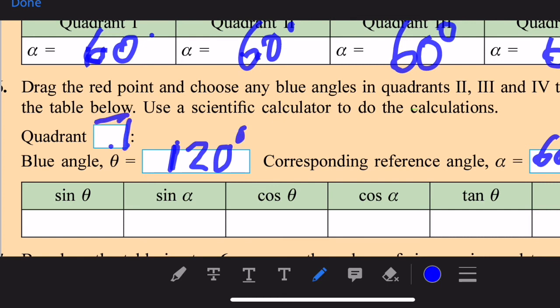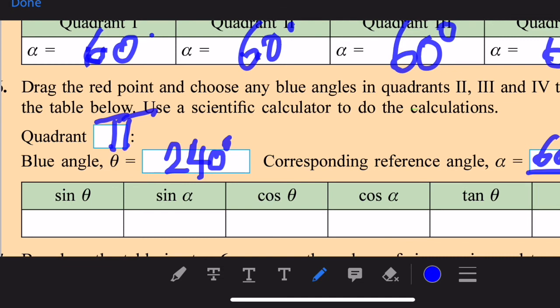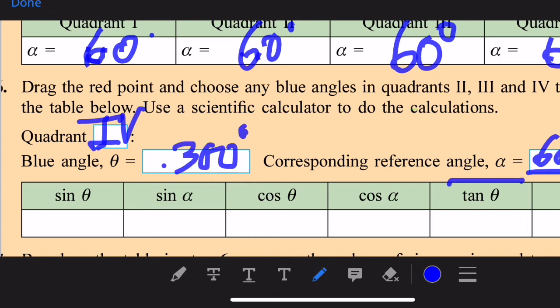If I remain at 60 but move to the third quadrant, my angle is now 240 degrees. If I move to the fourth quadrant with alpha still 60 degrees, the blue angle is 300, right? You understand?